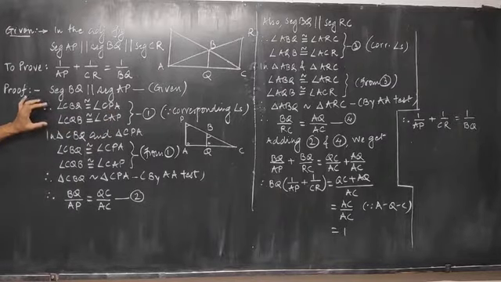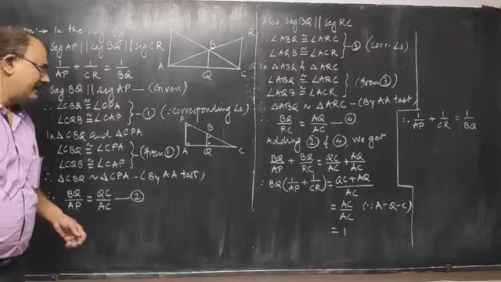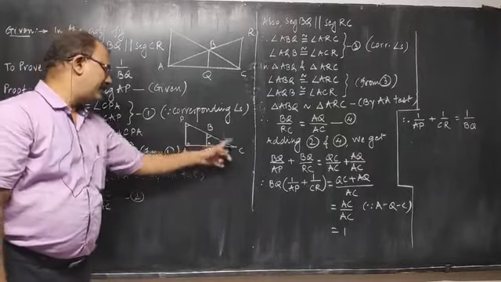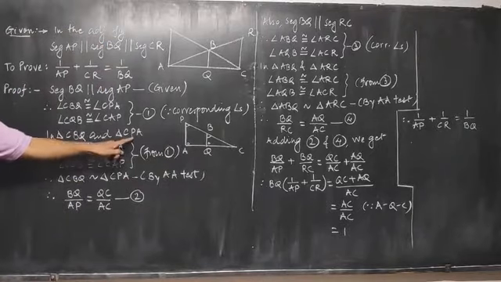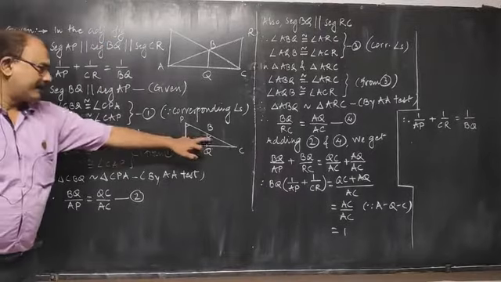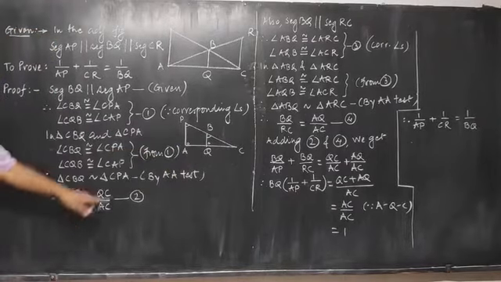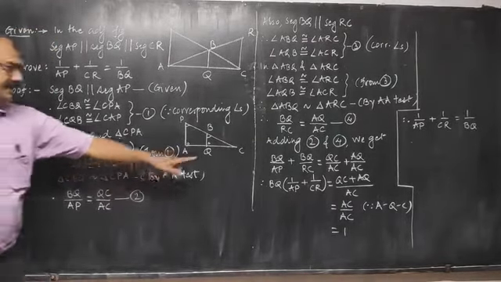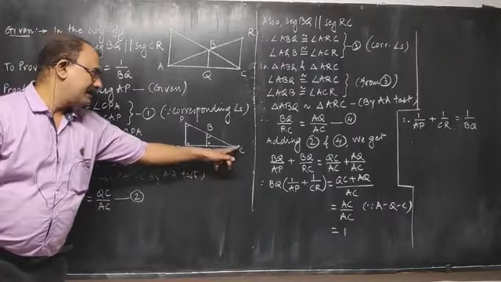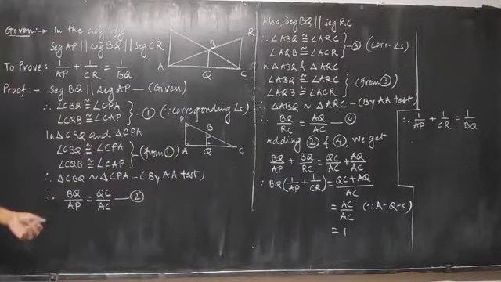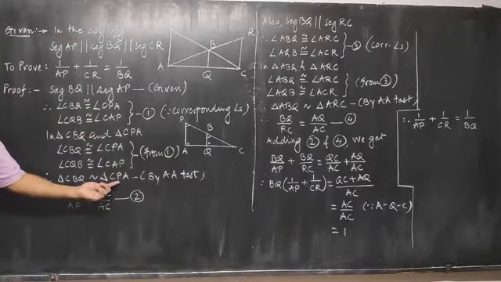We are using these two statements to prove that the triangles are similar. Obviously in triangle CBQ and triangle CPA, this angle is congruent to this angle, and this angle is congruent to this angle, therefore the triangles are similar by AA test, okay? CBQ is similar to CPA.